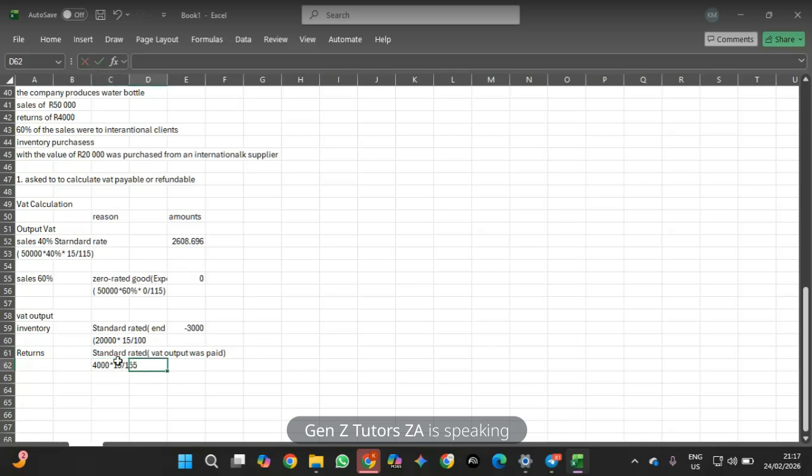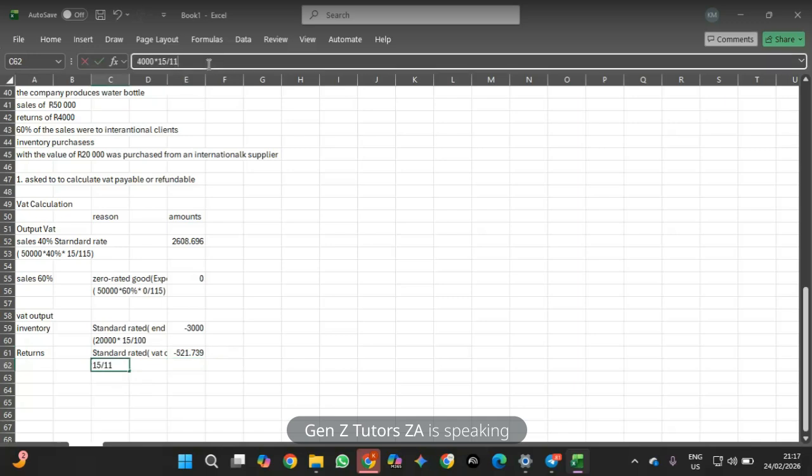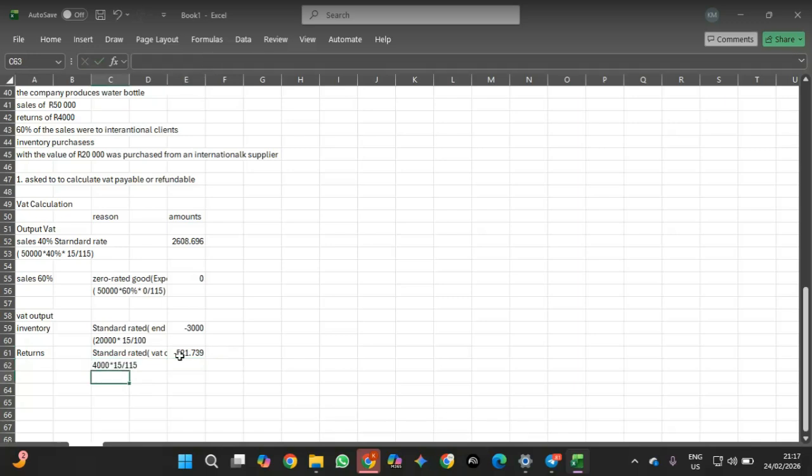Negative sign, then 4,000 multiplied by 15 over 115. Not 115, 100. Oh, actually 115, sorry, I made a typing error over here. I said 155. Okay, and then you've got that.